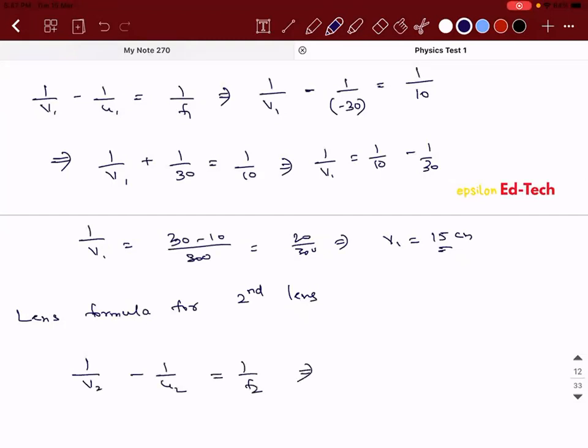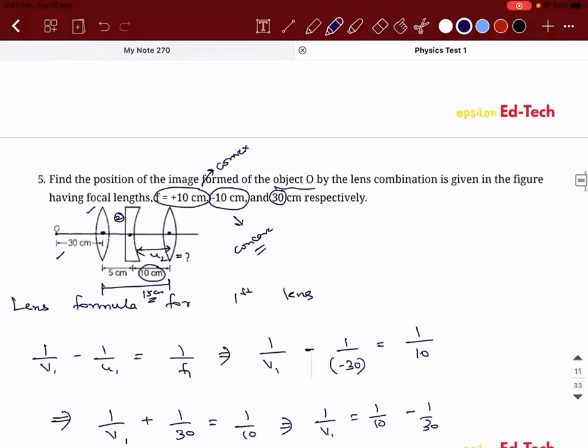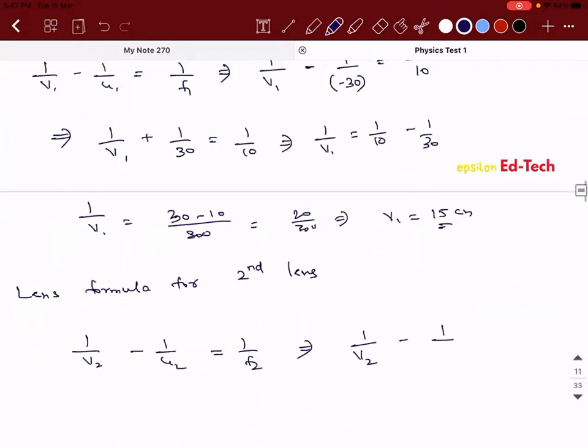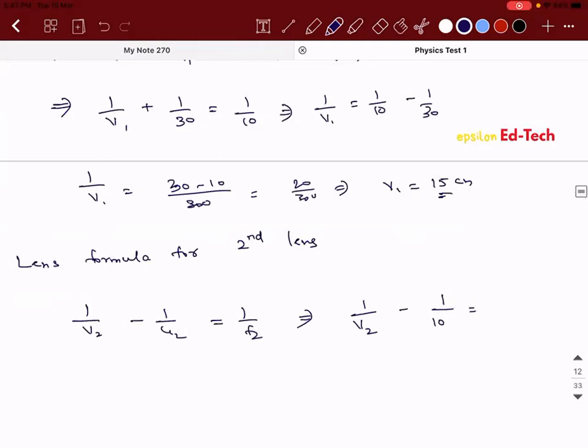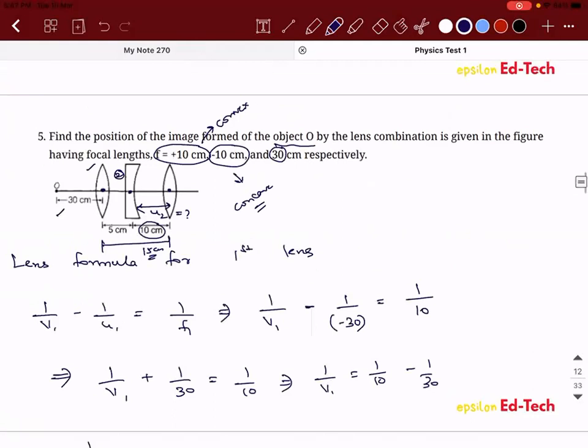Since U2 is on the right hand side of the optical center of the second lens, U2 will be equal to plus 10 centimeter, and F2 is minus 10. So this and this will get cancelled, which implies 1 by V2 is 0 and V2 will be infinity. So the final image due to the second lens is formed at infinity.